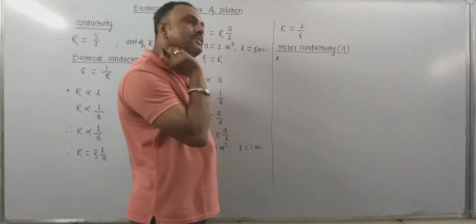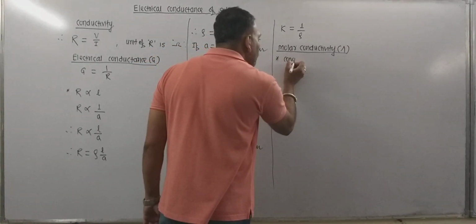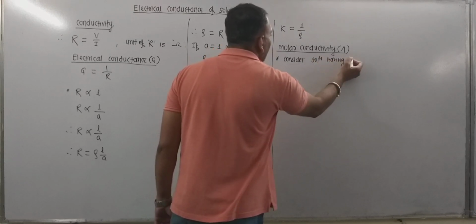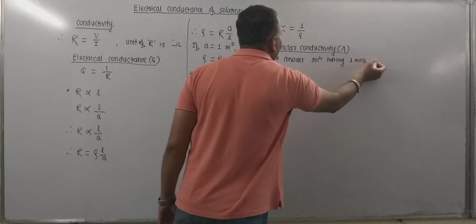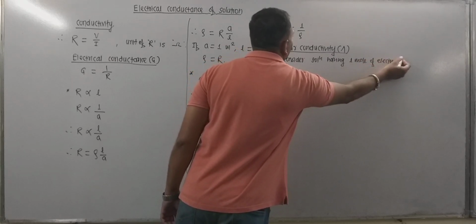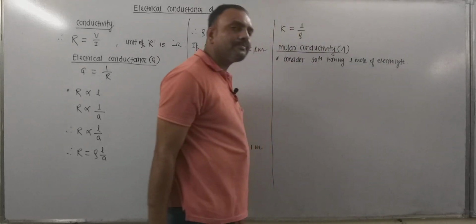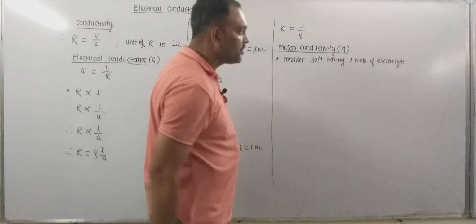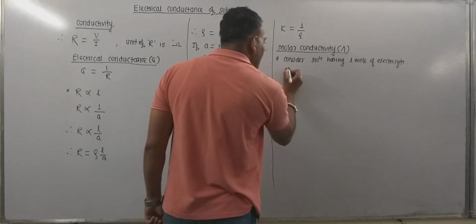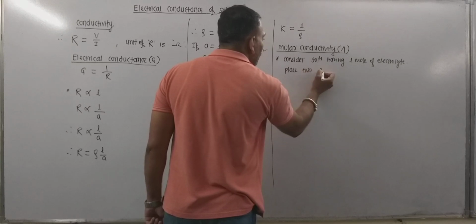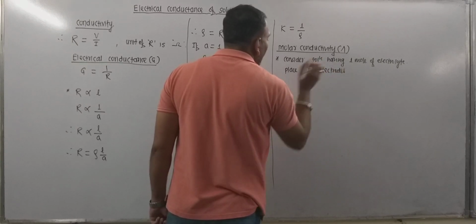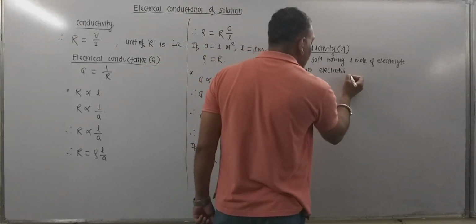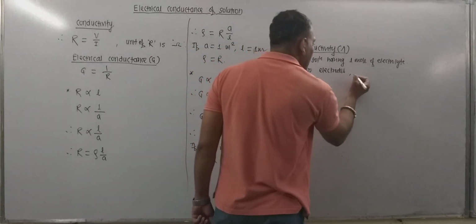Consider a solution having 1 mole of electrolyte in it, and in that solution place 2 electrodes, and remember the distance between those 2 electrodes must be 1 centimeter.